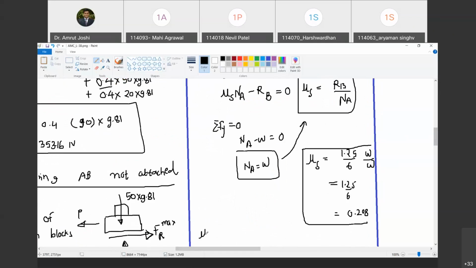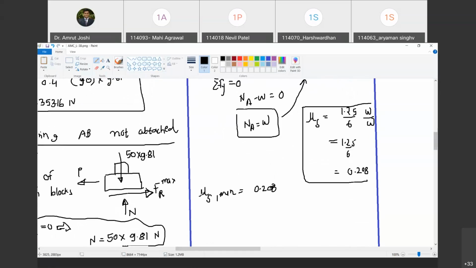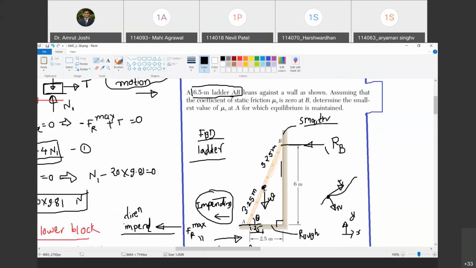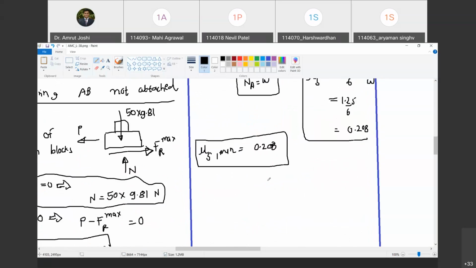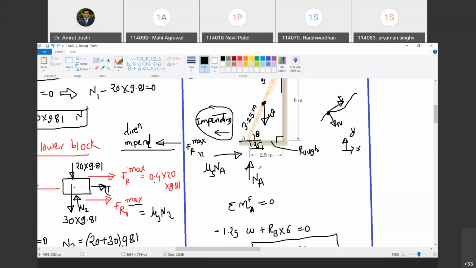So what is the value of the minimum coefficient of static friction required to maintain the equilibrium? 0.208. So if the coefficient of static friction of the floor is less than 0.208, then the ladder is going to slide down. If it is exactly equal to 0.208, the ladder is on the verge of sliding down.